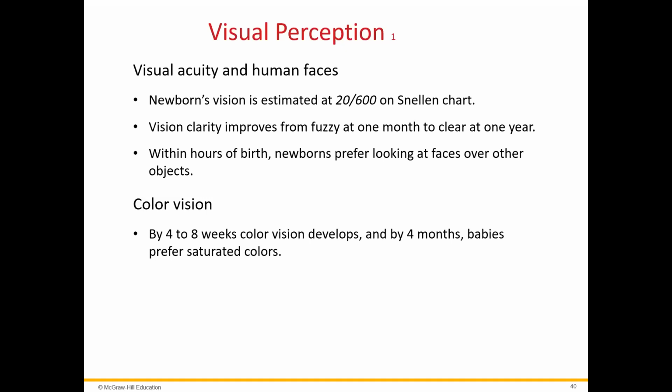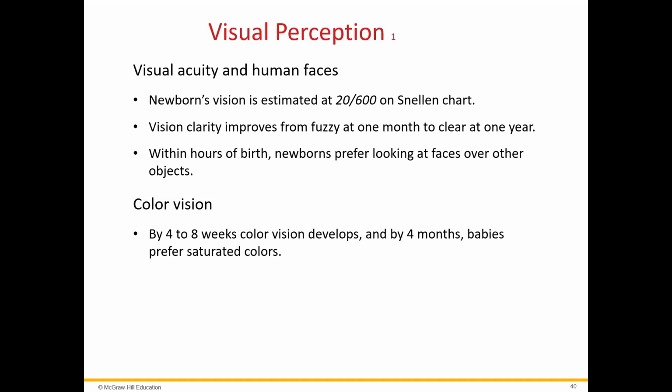That means that if you were looking at something 600 feet away, which is a good distance, whatever you're looking at would look kind of fuzzy, and it would be hard to see the details. That would be like what they're looking at 20 feet away. So it's the same lack of clarity.